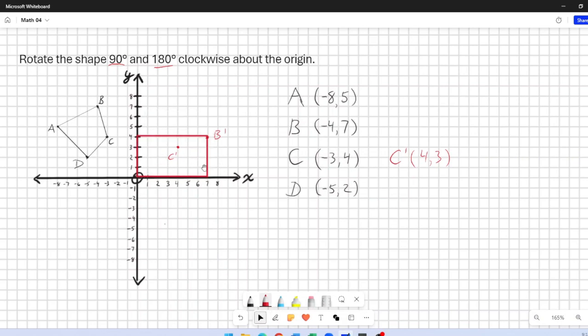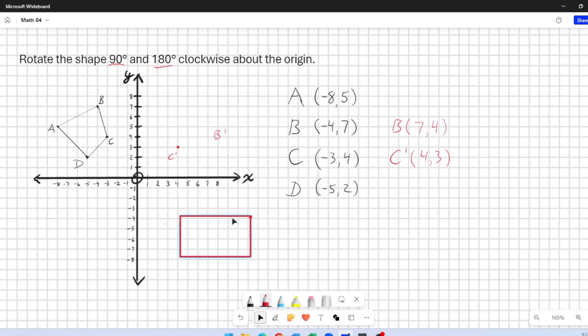Whoopsie, took it with it, my bad. 7 and 4. So point B is now at 7 and 4.